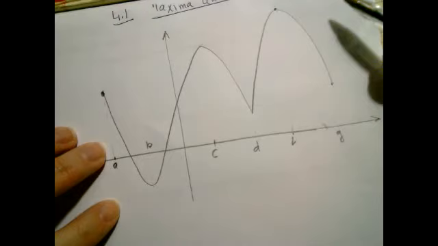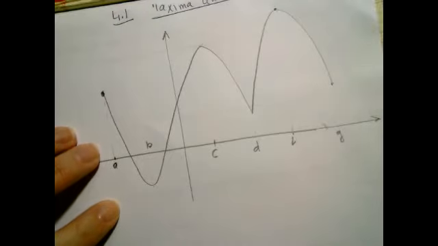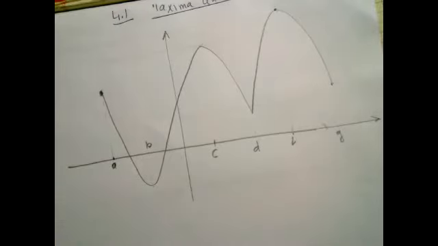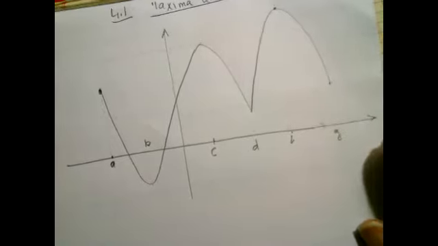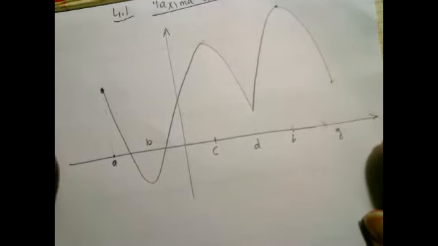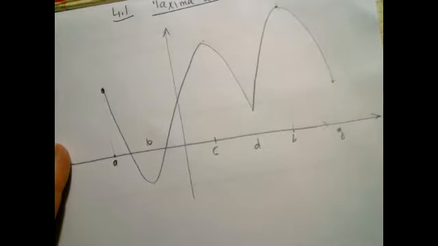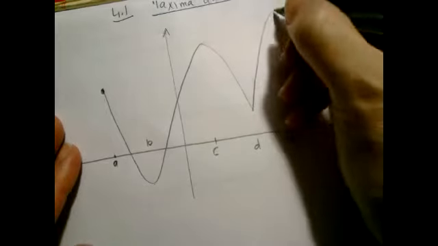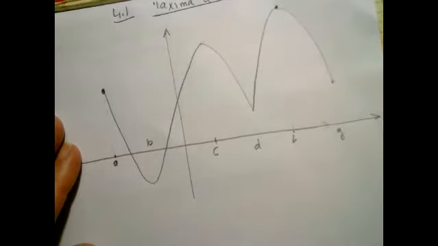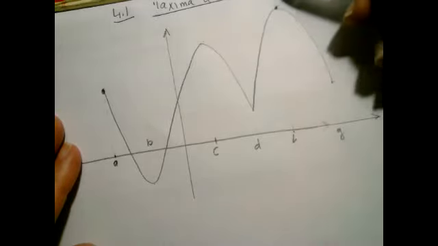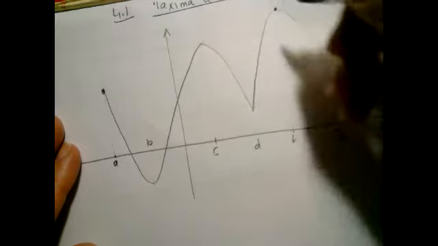Anybody? What's special about this point? Maximum point. Yeah, right here, the function reaches its maximum value. So the highest value obtained by the function is obtained at this point.